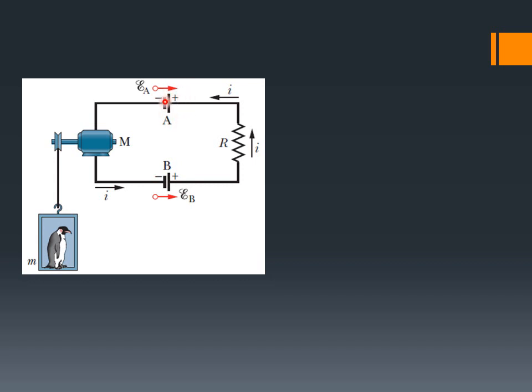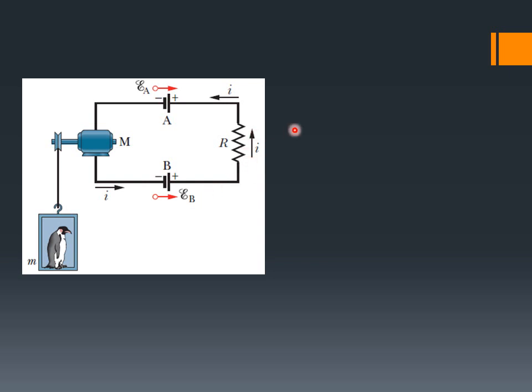This battery A is charged. Because when the electrons are pumped from negative towards positive, the battery is discharged. The charges are lifted at the cost of the source of the EMF, for example, chemical energy inside a battery. But when the charges reach the positive terminal and pass from positive towards negative, the battery is charging. It is charged.